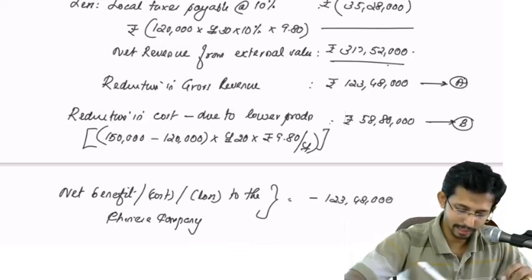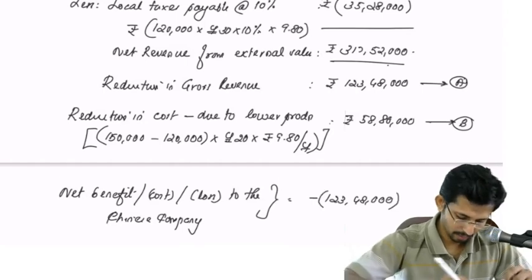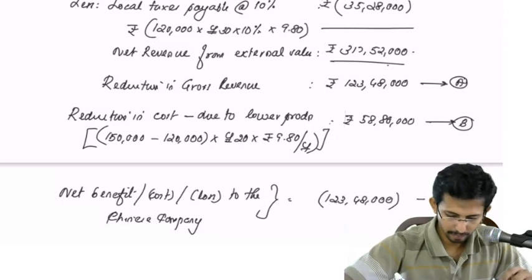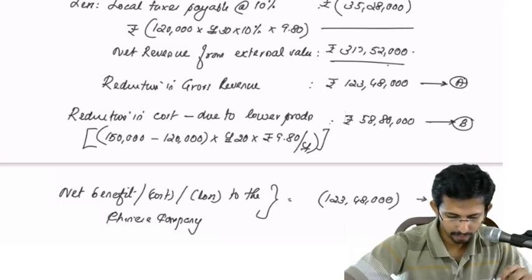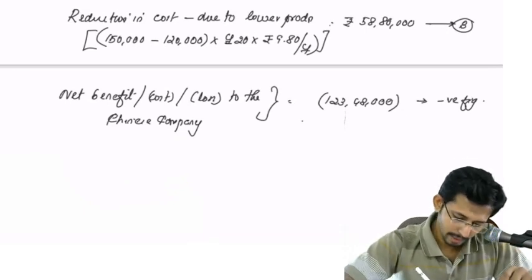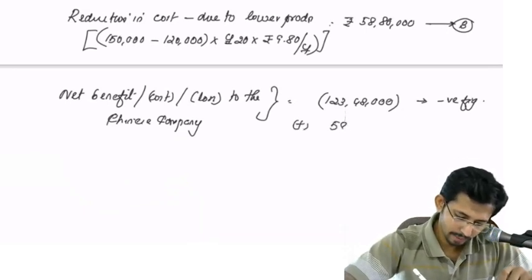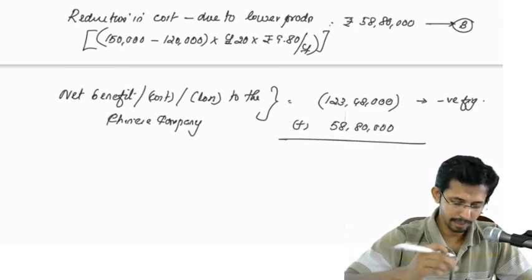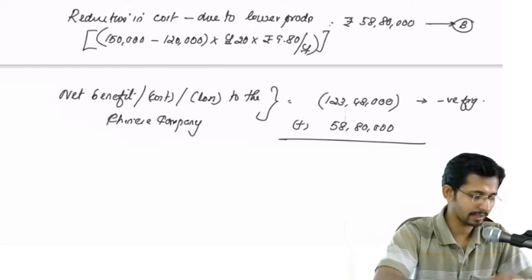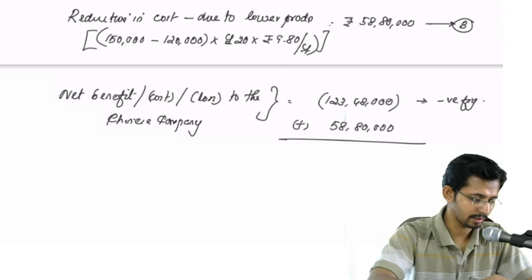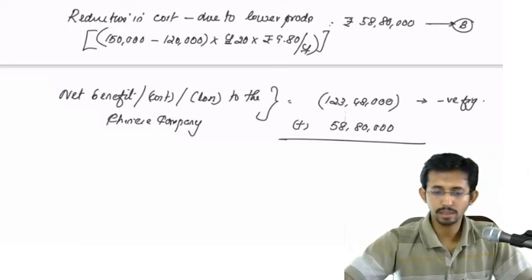This is taken as a negative value. Okay, why negative? Because it is a negative figure, because it is additional cost. Then plus there is cost savings to the extent of 58,80,000. Therefore net benefit will be 123,48,000 minus 58,80,000. It comes to, total comes to how much?